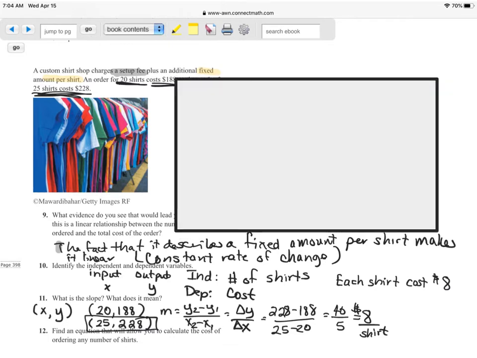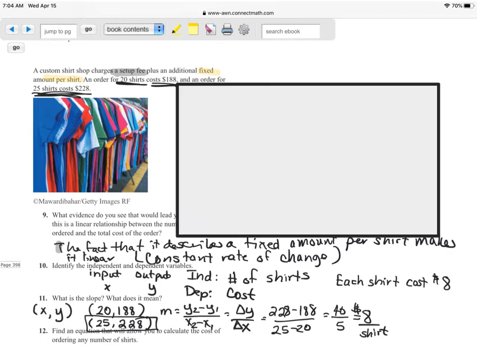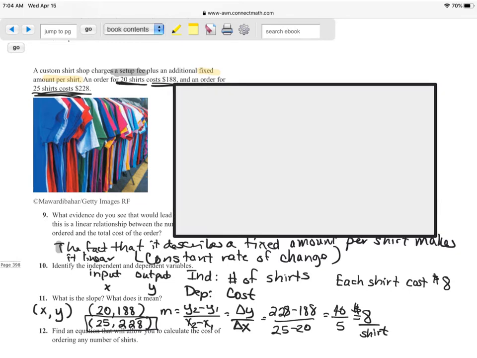Okay, and it says find an equation that will allow you to calculate the cost of ordering any number of shirts. Well, we had two methods that we had talked about. One is we just use the slope-intercept form, y equals mx plus b. And so we need the slope 8 and one of the points.